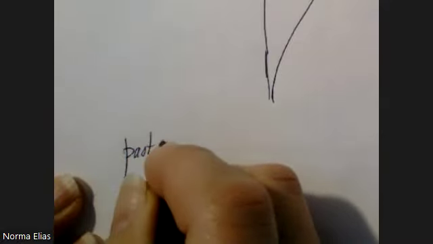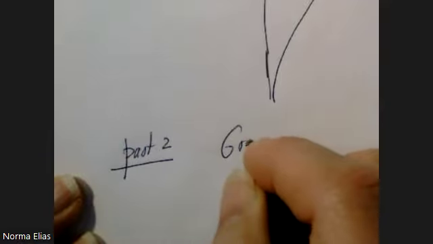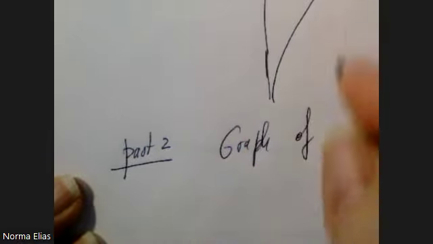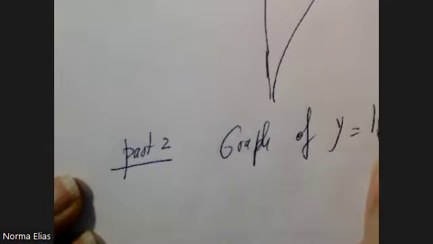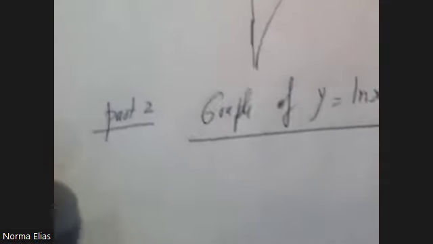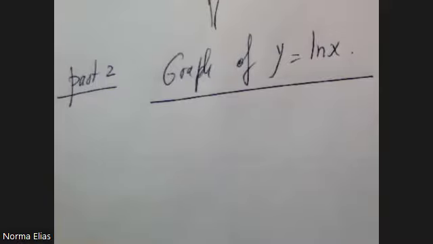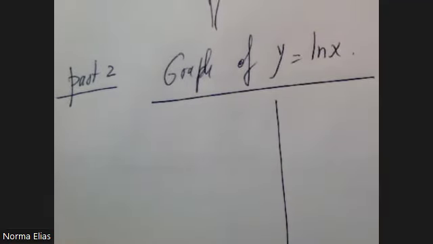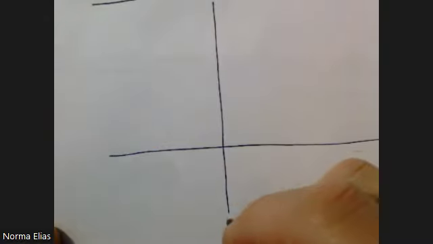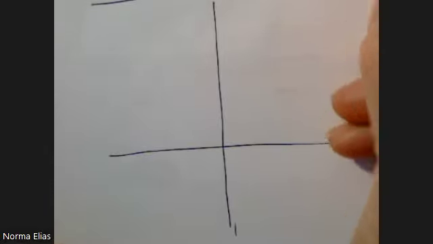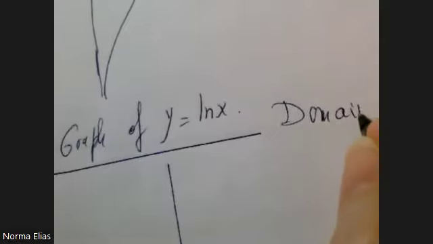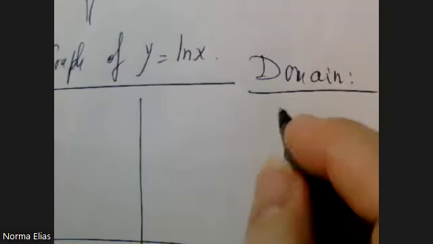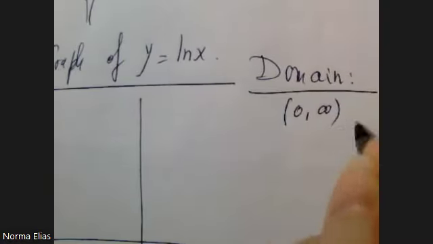Now part 2: that's the common log, and now the natural log, y equals ln of x. Ln of x has essentially the same graph as the common log. So the graph of ln works like this. The domain is 0 to plus infinity.